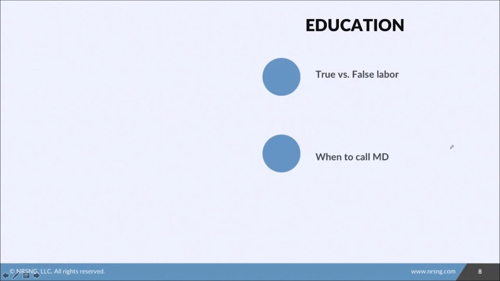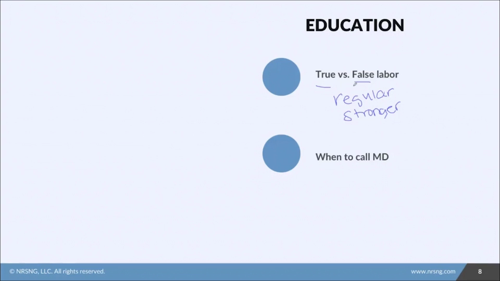Our education. The patient's going to need to be educated on true versus false labor, or else you're going to have every patient coming in the second she feels contractions. So she needs to be able to time them. They need to be regular. They need to be getting stronger. Obviously, she's not going to know the whole piece about the cervical change and dilation.